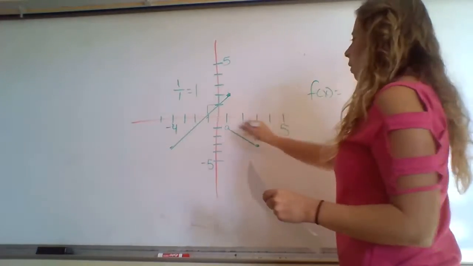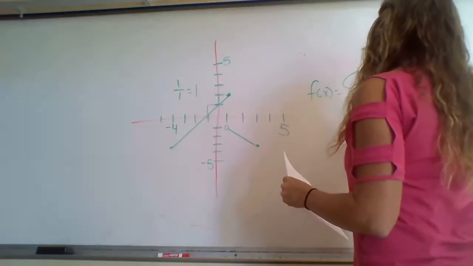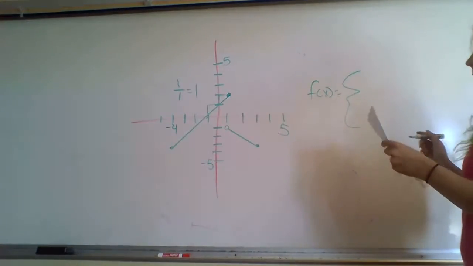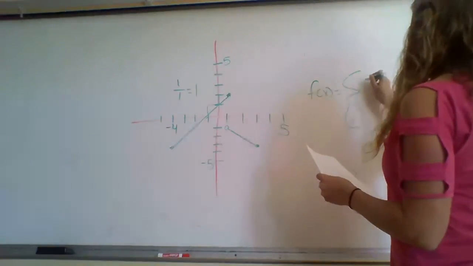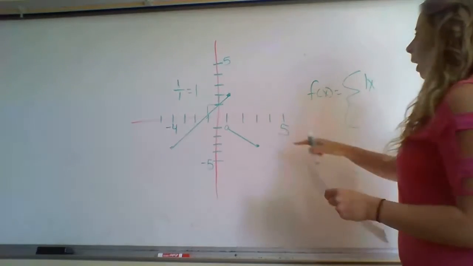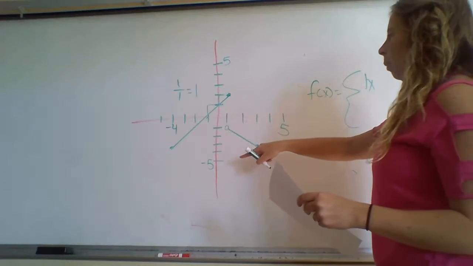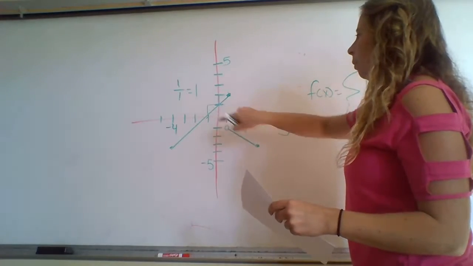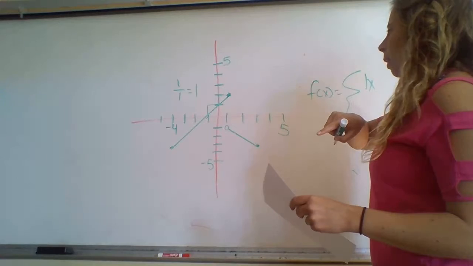And I have 2 sections, so I'm going to have 2 separate ones. So the first one, your slope is 1, so that's 1x, and it crosses the y-axis at 1.